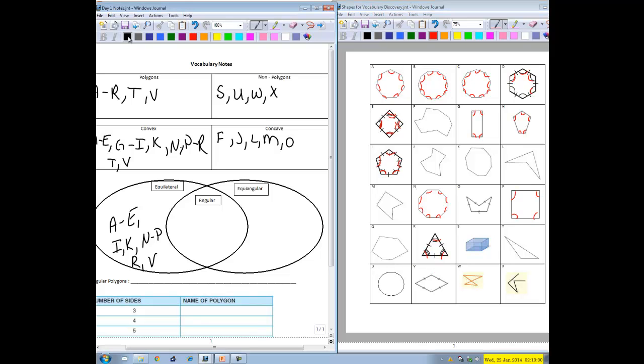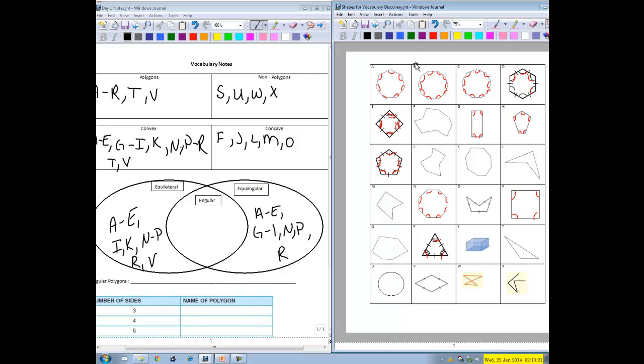So, equal angular are A through E, G through I, N, P, and R. So those are all the equal angular.